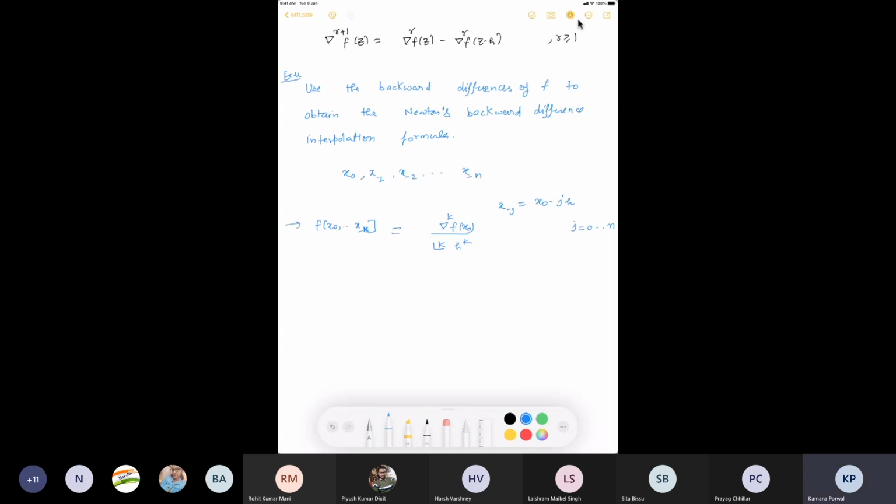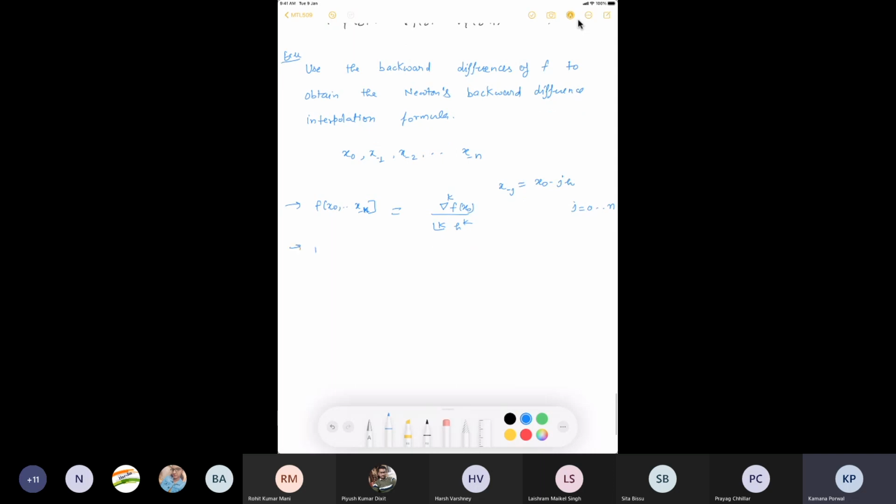So first you have to observe this and then use this in the Newton's form, the Newton's divided difference formula for the interpolating polynomial.